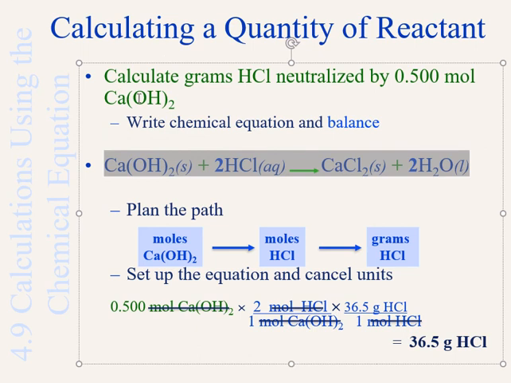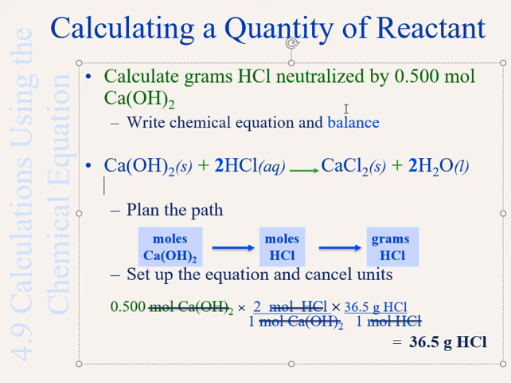Calcium hydroxide is an ionic compound whose formula was given to you, but if it was not given to you, you should be able to derive it. Then HCl is given to you. Because it's a neutralization reaction, an acid-base reaction, the product is salt and water, not table salt necessarily, but any compound made up of a positively charged ion and a negatively charged ion is a salt.